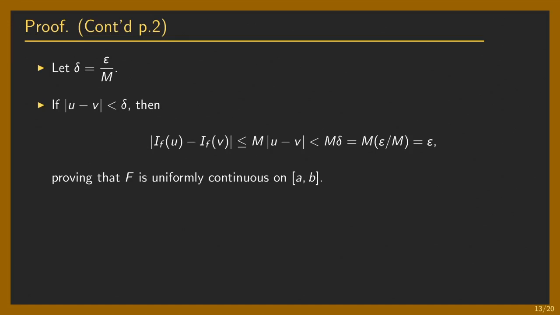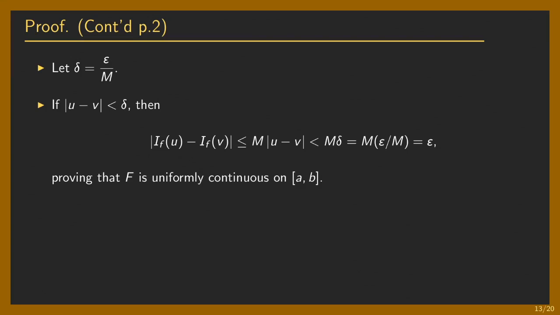If now two numbers u and v have distance less than delta, which is epsilon over m, this is what will happen. According to our estimate a while ago, this is less than or equal to m times absolute u minus v, and this is less than m delta. And in this case, our delta is this, so magiging less than epsilon, achieving our goal.